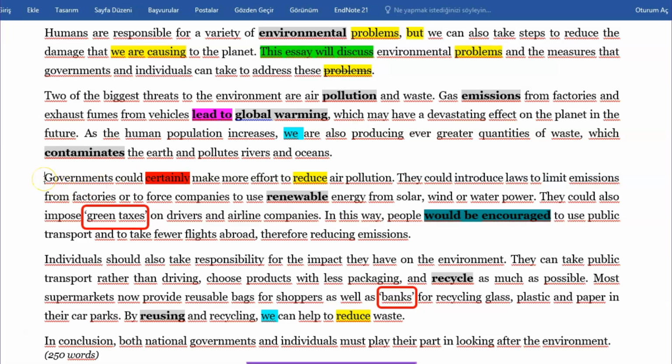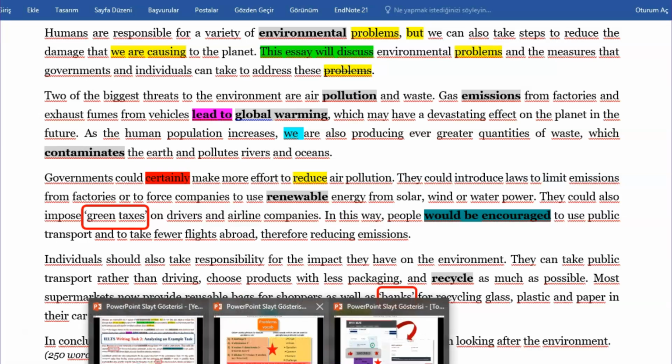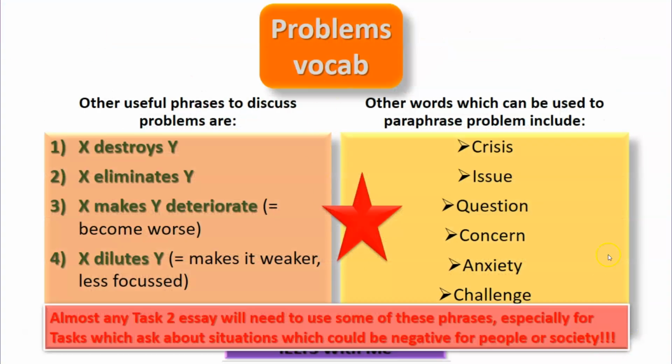Now, regarding solutions, okay? Actually, we can say in terms of solutions, right? Governments could certainly make more effort to reduce air pollution. Certainly, we saw here time and some qualifiers. I explained qualifiers in our previous videos.